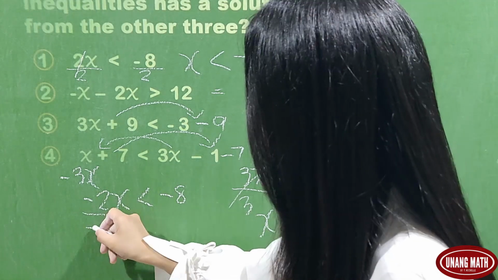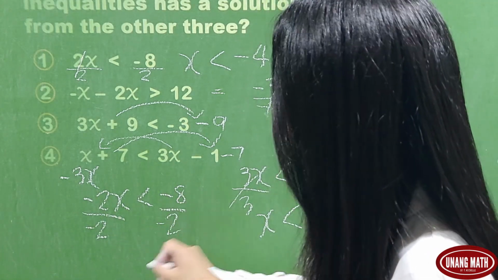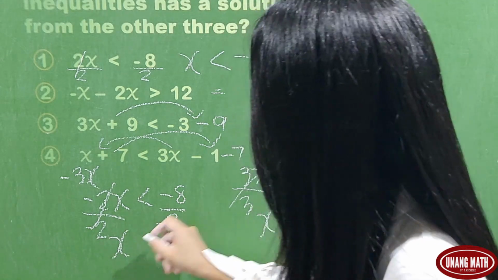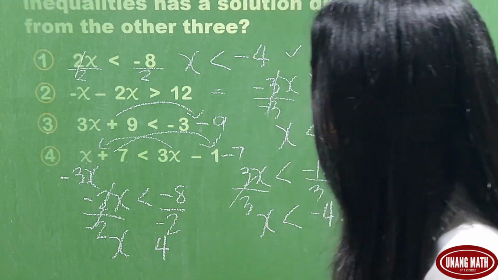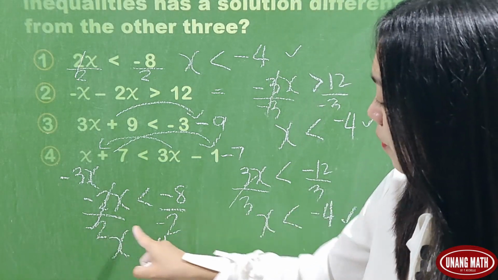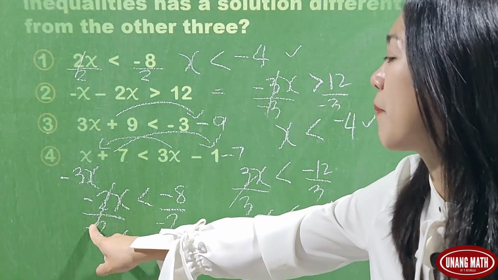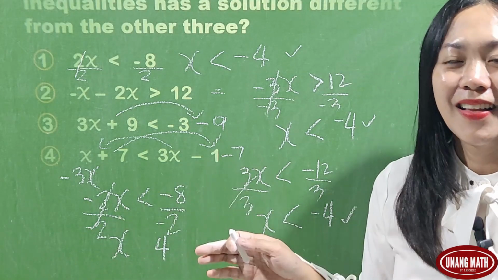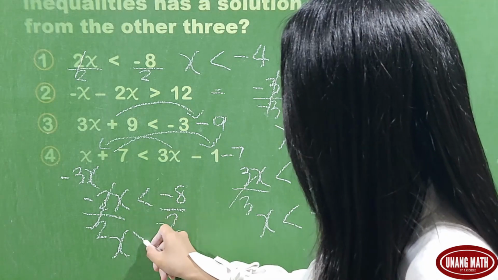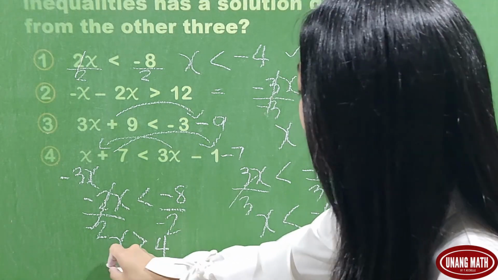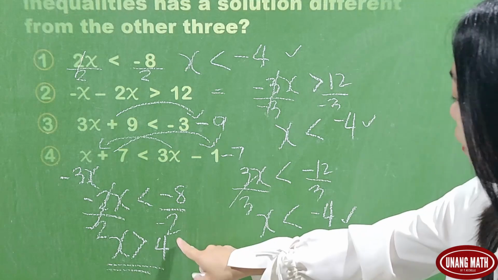To find x, divide both sides by negative 2. So x now is negative 8 divided by negative 2, that's positive 4. And since we divided both sides of this inequality by a negative number, the sign reverses. From less than, this now becomes greater than. So x is greater than 4.